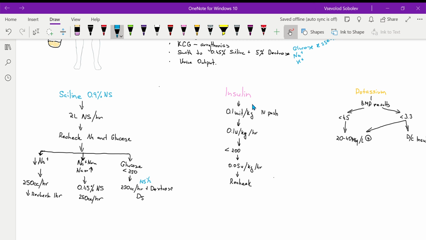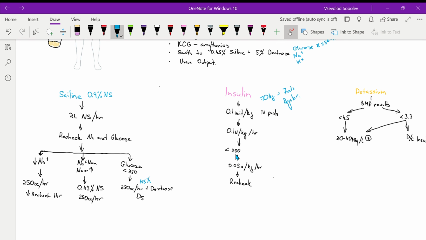Also, we will give them insulin. Insulin is measured as 0.1 unit per kilogram IV push. So first we'll give them the bolus. So how much is that? That's not too much for a 70 kilogram person. If you multiply that, you will get 7 units of regular insulin. And later on you will titrate, 7 units per hour.